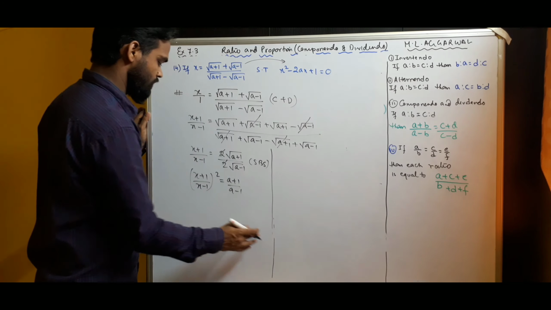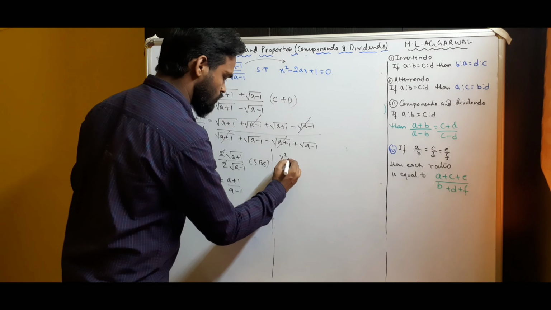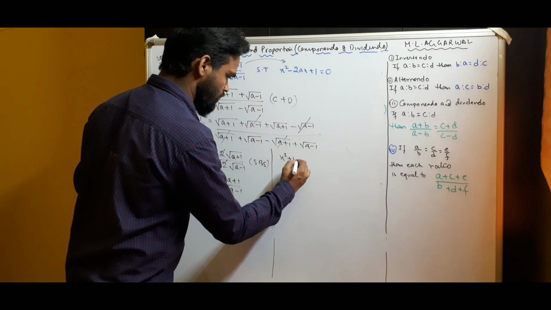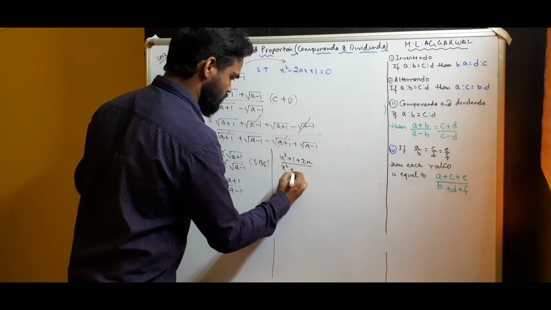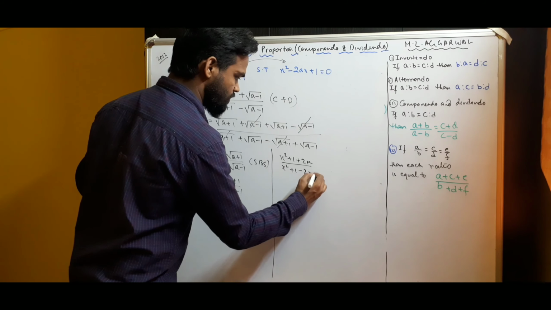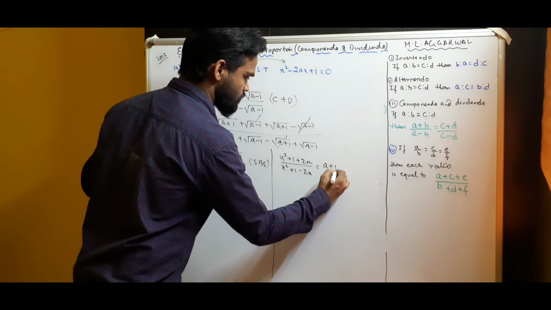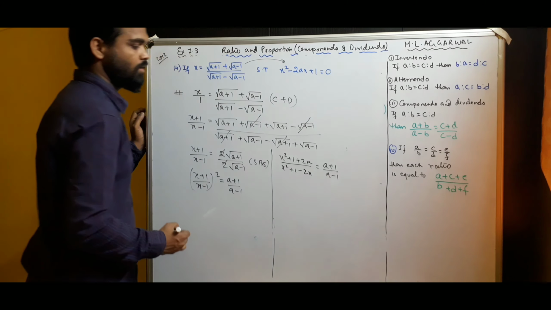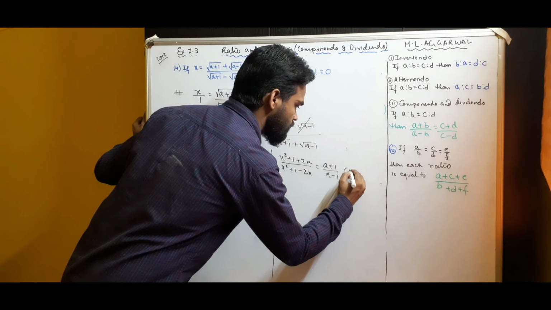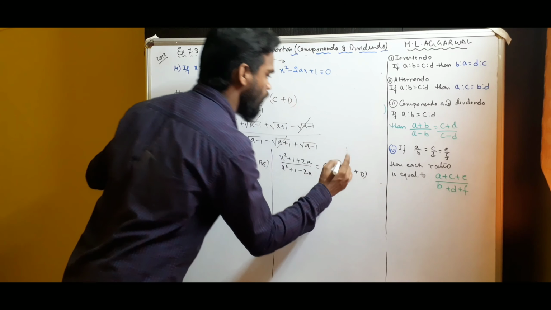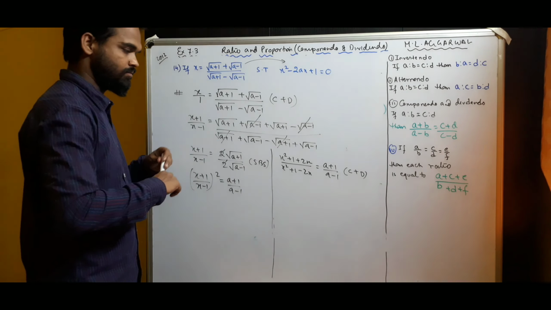Look carefully. This becomes a square plus b square plus twice ab. This becomes a square plus b square minus twice ab, is equal to a plus 1 by a minus 1. You can cross multiply and simplify. Oh, do one thing: componendo plus dividendo one more time. Let's see.